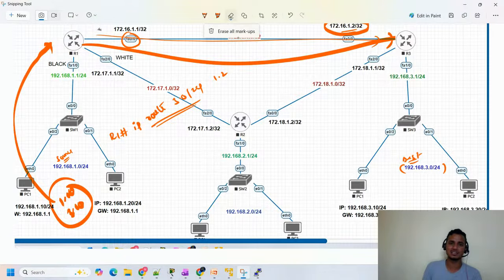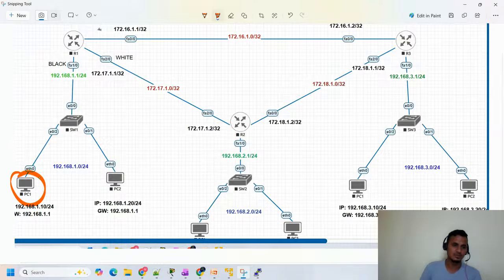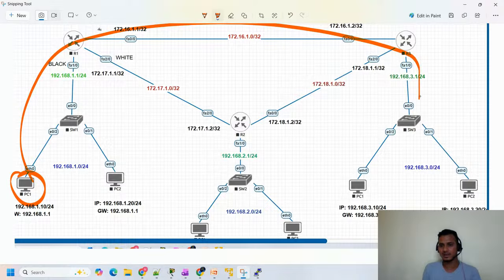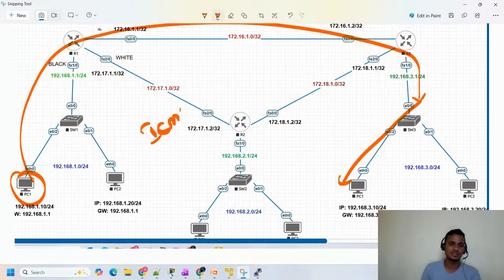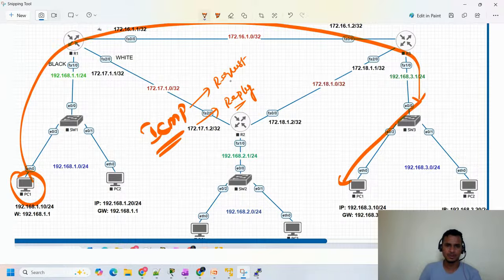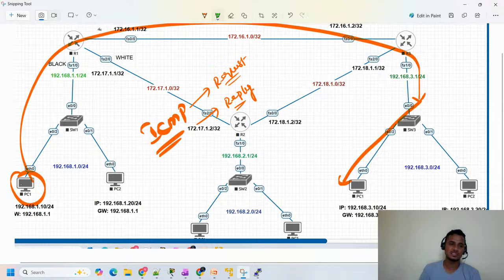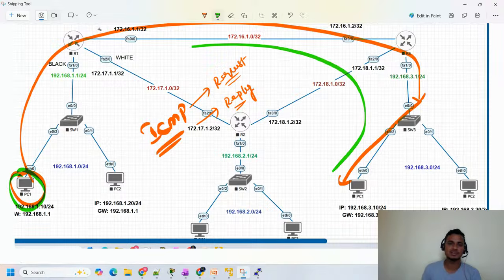So that's why your packets go from this machine, the request packet is going towards this machine. Based on the ICMP. See, ICMP ping means ping. What is ping going to use? Ping is going to use ICMP, right? In ICMP, you will see ICMP request and ICMP reply. So the ICMP request packet is going, but this PC is not getting the ICMP reply packet from here.